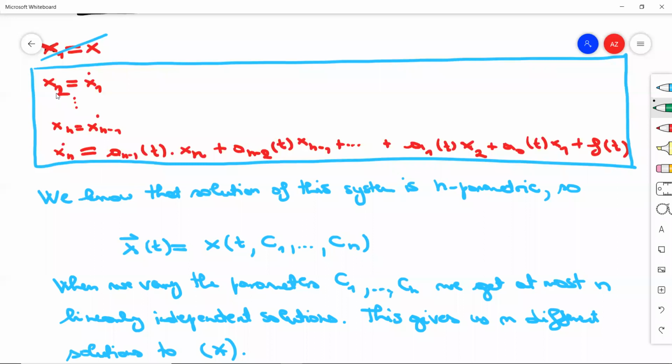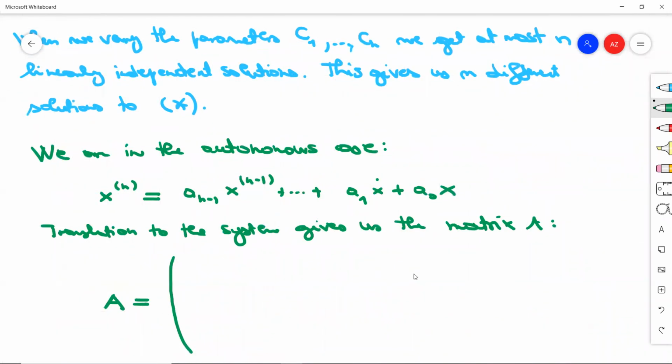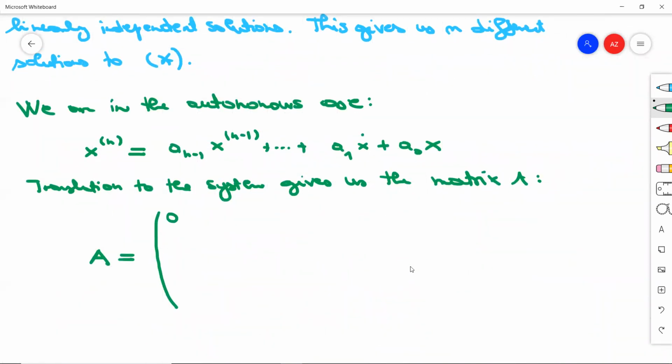So the first row will be 0, 1, 0, 0, 0. Then the second equation is x3 equals x2 prime, so the second row will be 0, 0, 1, 0, 0, and so on. So in the first n minus 1 rows, we get just zeros and only one 1 in each row, and this 1 will be in the first upper diagonal. So this matrix has 1s in the first upper diagonal and zeros elsewhere.